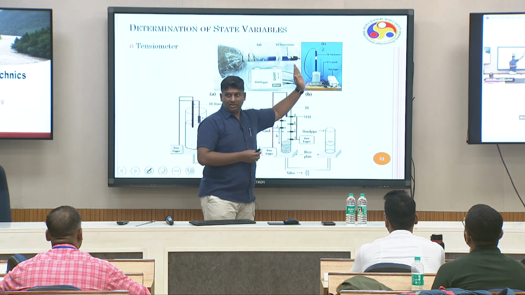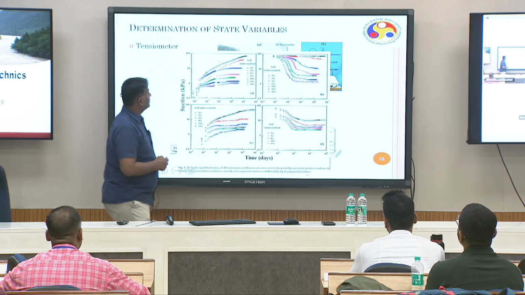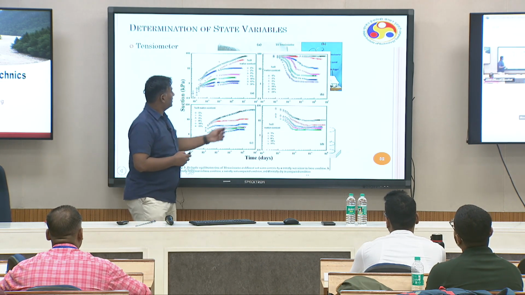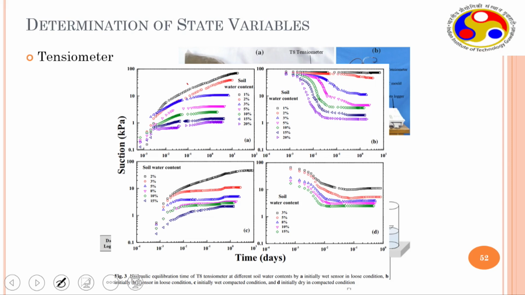Second, in a compacted state, we were doing this. You see, for certain conditions, it takes even 2 days to get one reading. Equilibration time is very large. This is for Brahmaputra sand, almost a uniform fine sand. So imagine what happens with silts or something else. So you cannot get an instantaneous reading using this particular method.